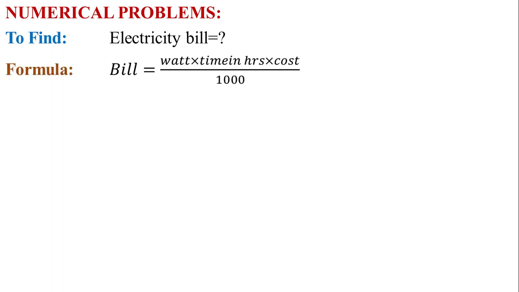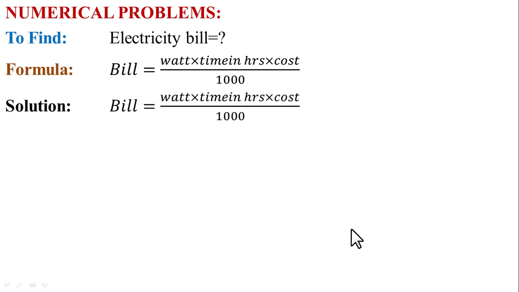To find the electric bill, using the formula, bill is equal to power in watt multiplied by time in hour multiplied by cost divided by 1000.